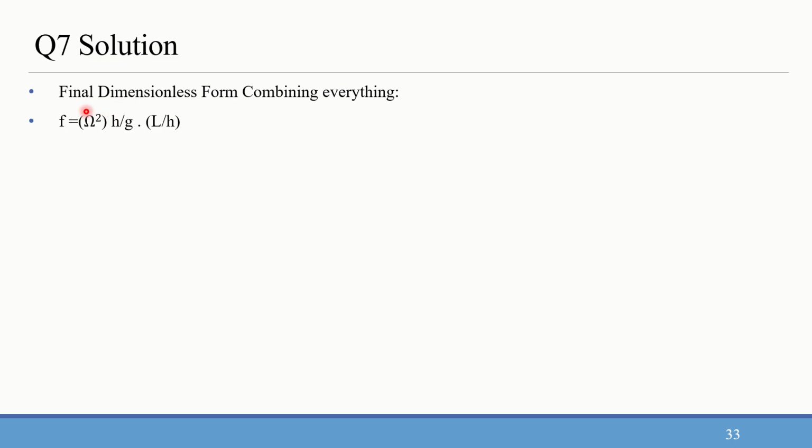H is meter, this is s power minus 1. So it is m s power minus 2 divided by m s power minus 2, and this is m and m. So sigma square h by g into L by h. So this is the final function which we can rewrite in any form as a function of anything. So that is the beauty of it. So that is for question 7.